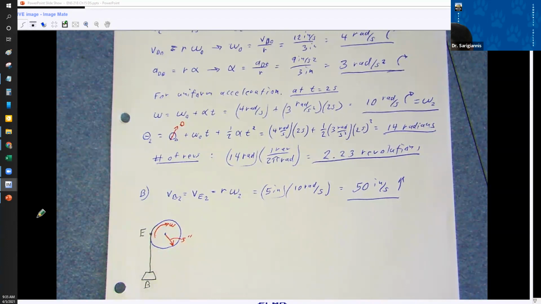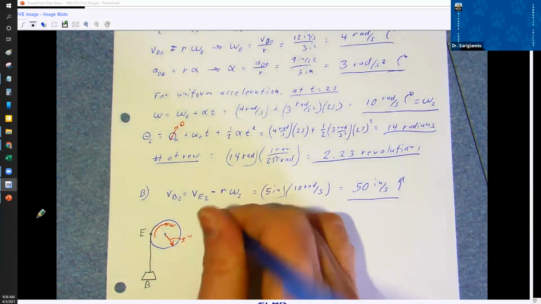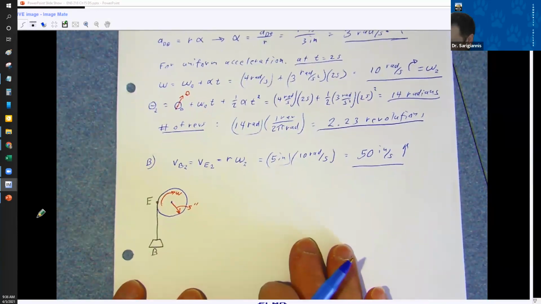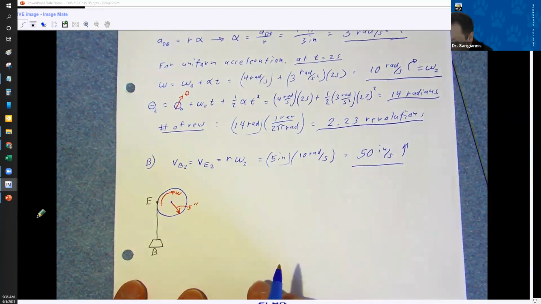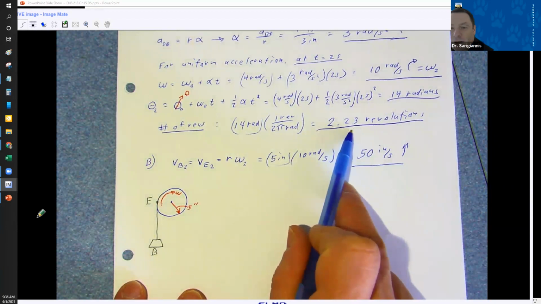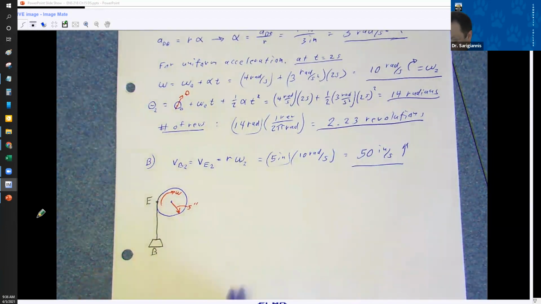And then it says velocity, acceleration, change in position of the load after 2 seconds. We don't even have to worry about angular velocity for this one. We just need to know that after 2 seconds, it's already rotated 2.23 revolutions. So we have to figure out what that is in terms of length.